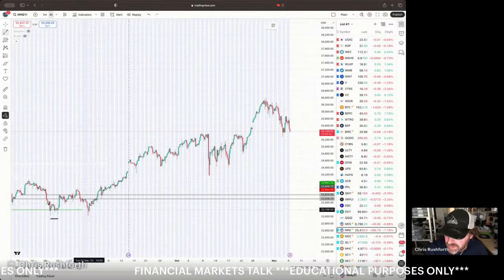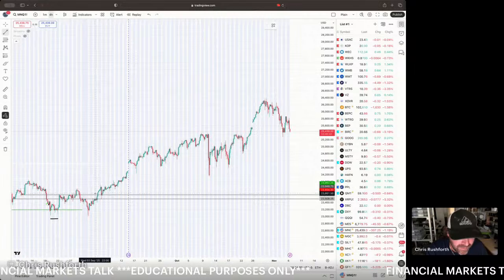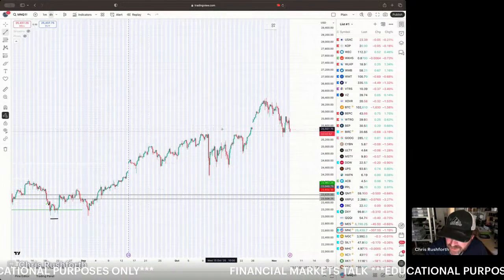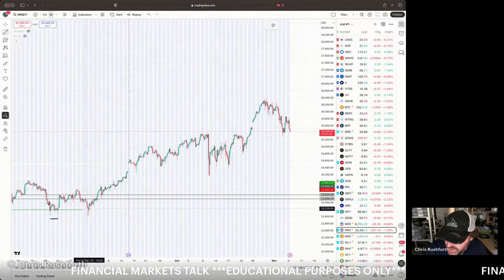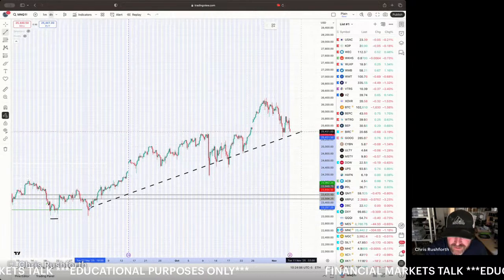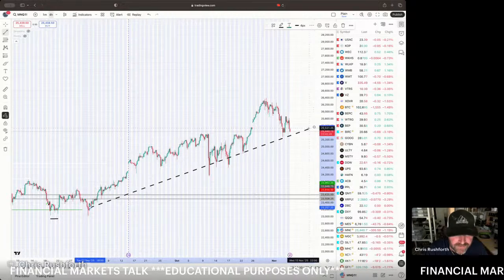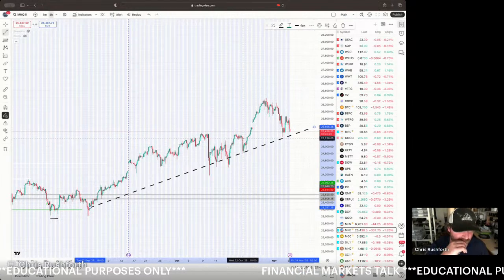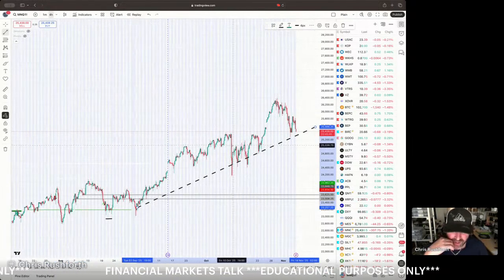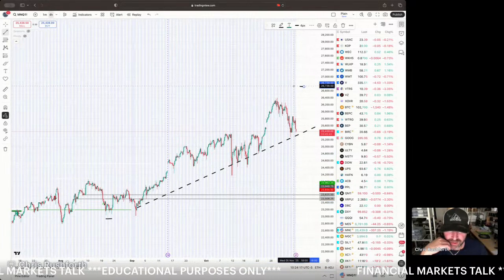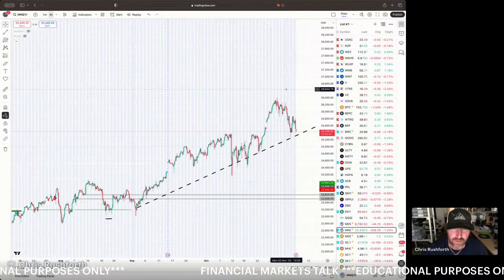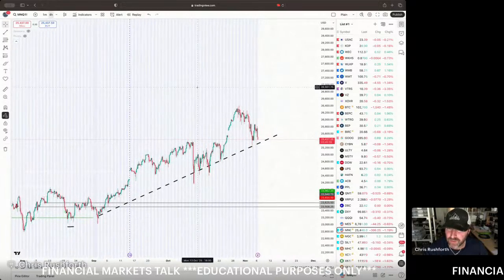Something like this, where we have support formed here, you'd want to connect these areas like that. So we want to be aware of that upward trend line. We're in an upward trend, and that's something to note.